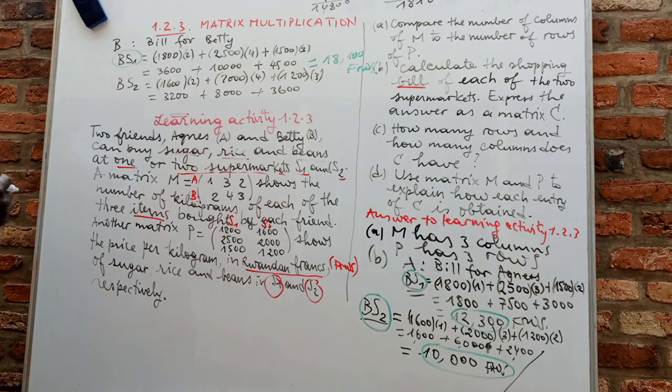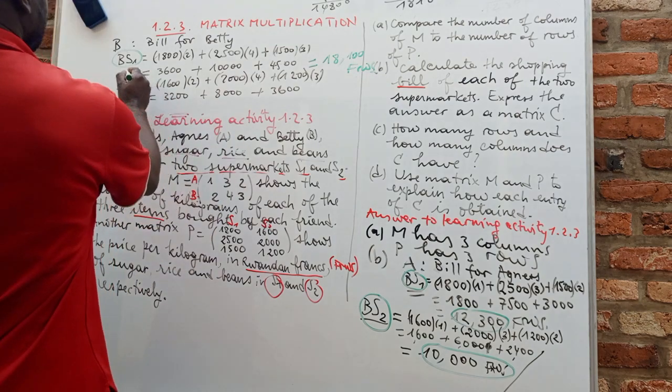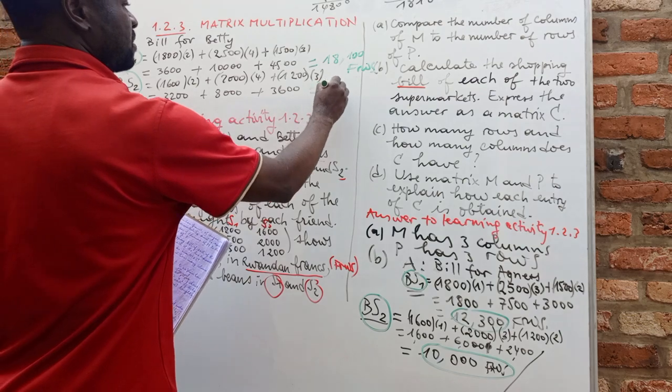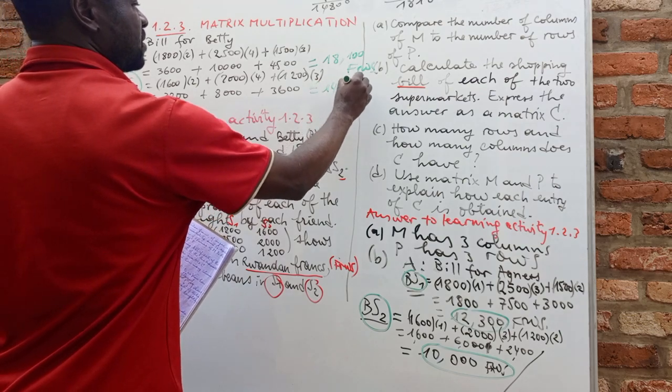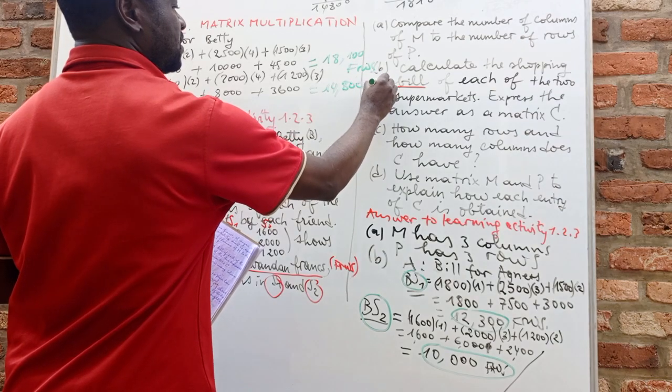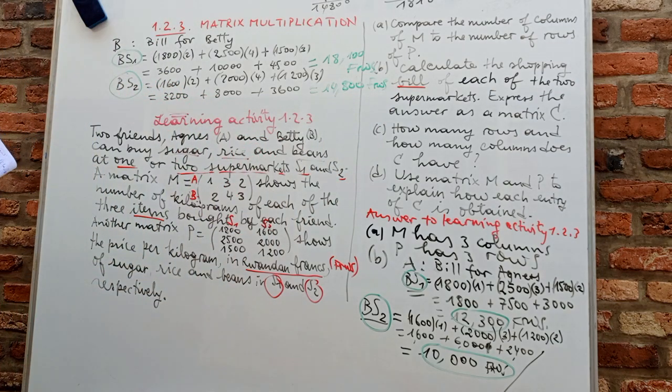So this is the bill for Betty in the second supermarket, 14,800 Rwandan francs.